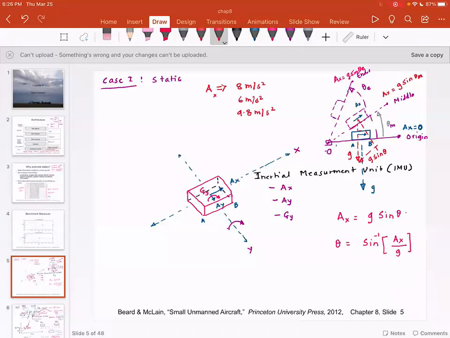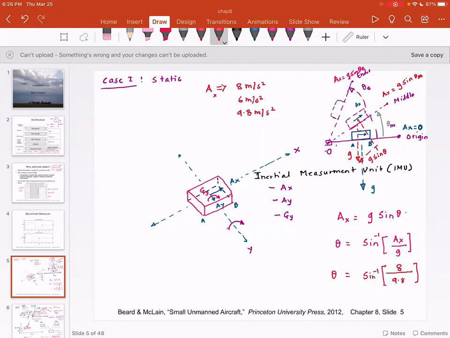So you will substitute the value of AX. If AX is 8, you divide by 9.8 and do sine inverse, and then you can find out the value of theta. Borna, bear with me. I will answer all your questions. But so everyone understood? Now my question to you is this.